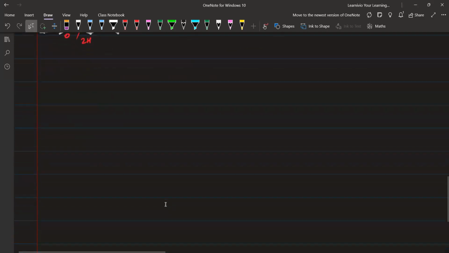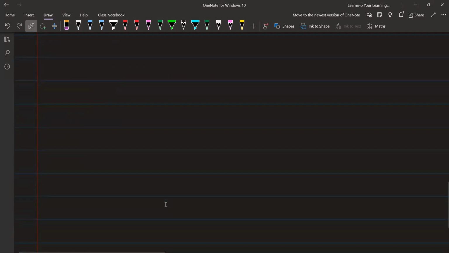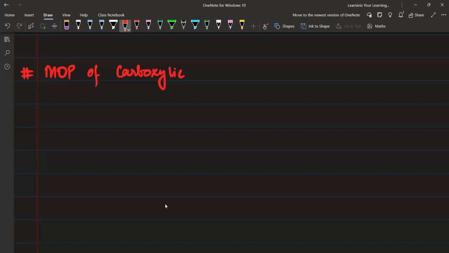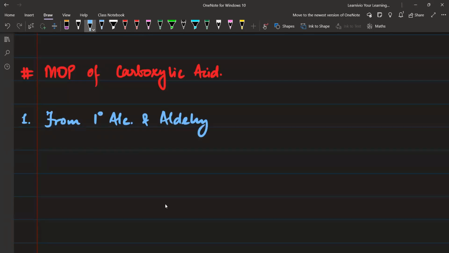Next, write the heading: methods of preparation of carboxylic acid. In this, the first one is from 1 degree alcohol and aldehyde. 1 degree alcohol and aldehyde.